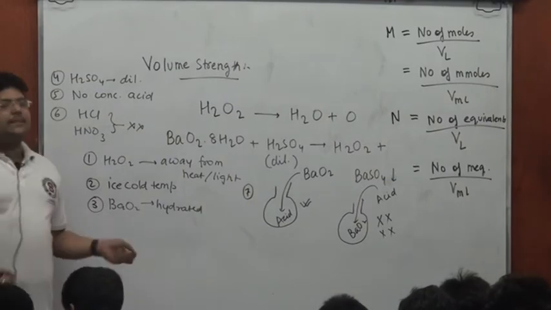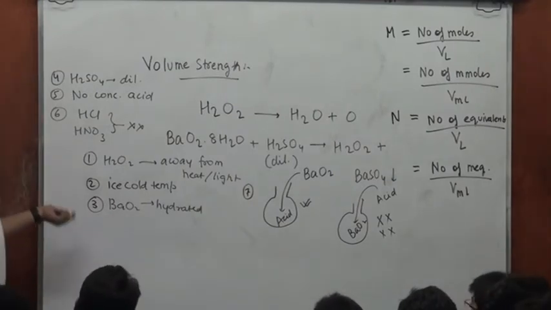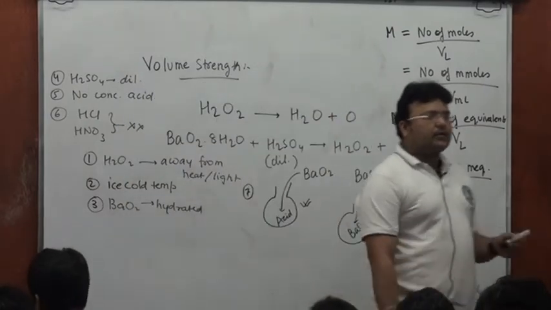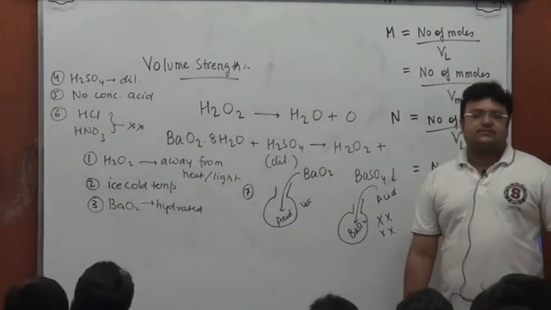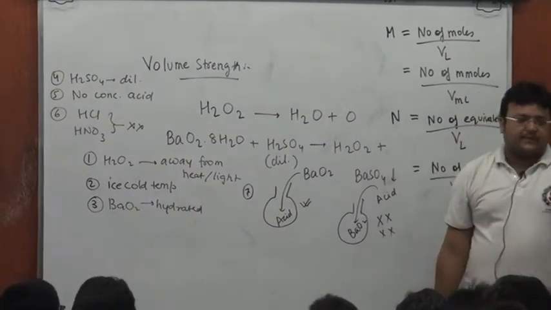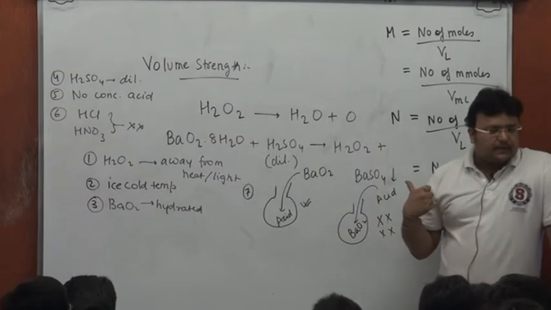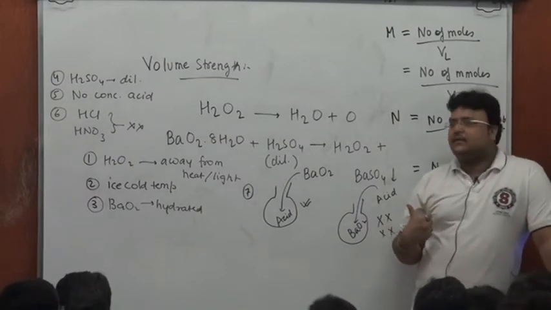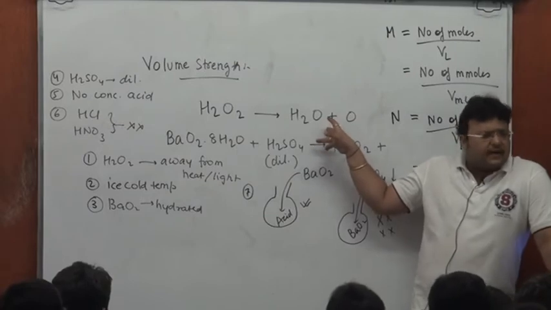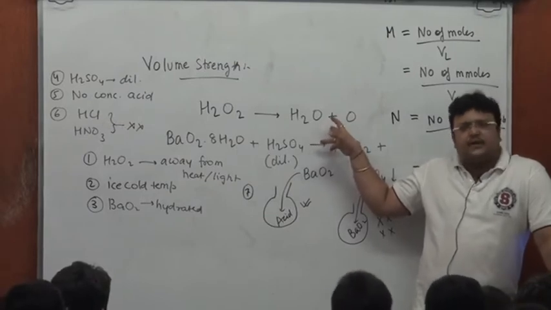And I end up telling you about so many measures, so many precautions observed while preparing or storing H2O2. And believe me, the answers to all of them would lie in this particular equation, which is about H2O2 dissociating very readily.